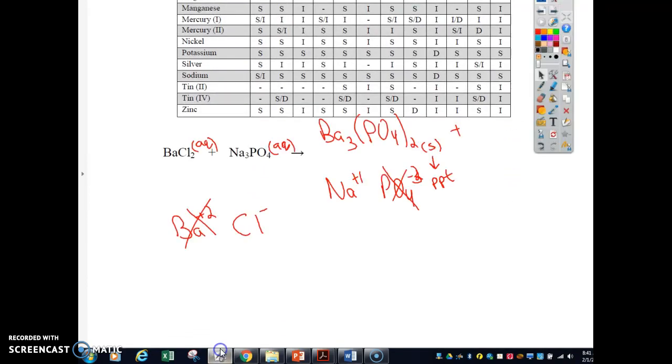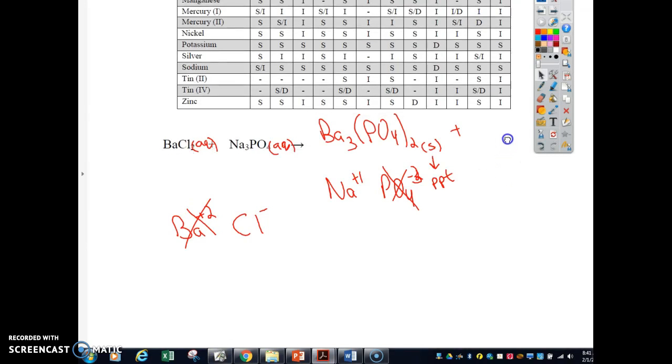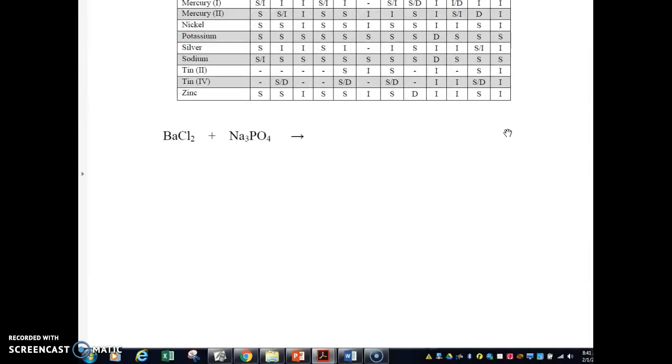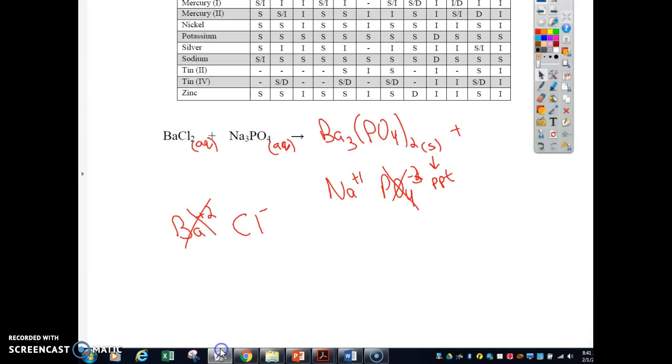So what we're going to get, there we go, is sodium chloride that is soluble. So we would write NaCl. You would just put an AQ in parentheses after it, and that's how you know that that reaction happened. One of those things ended up precipitating out.